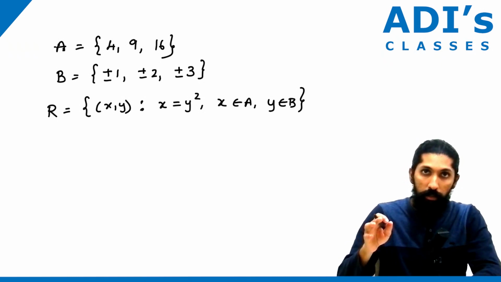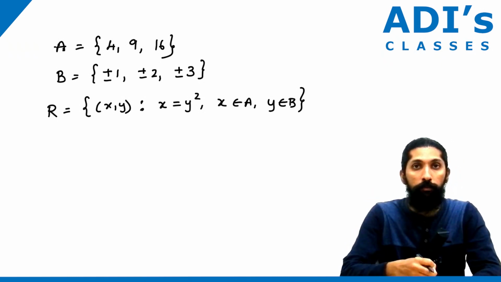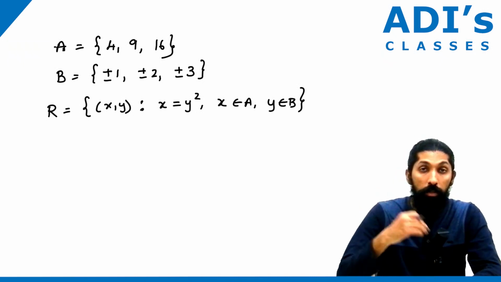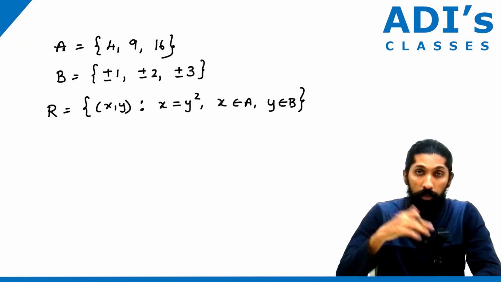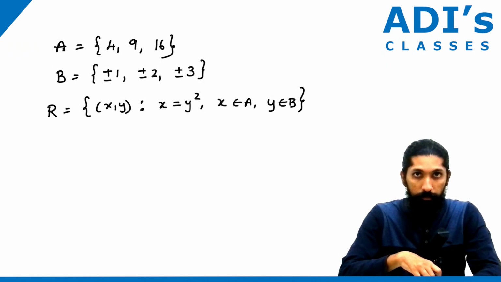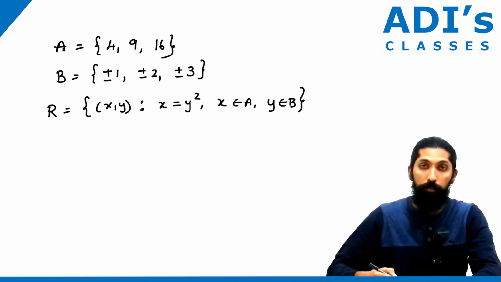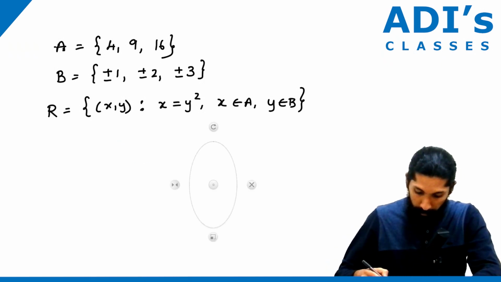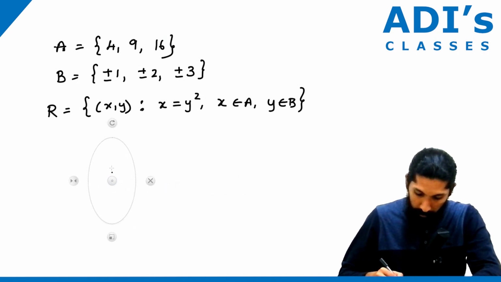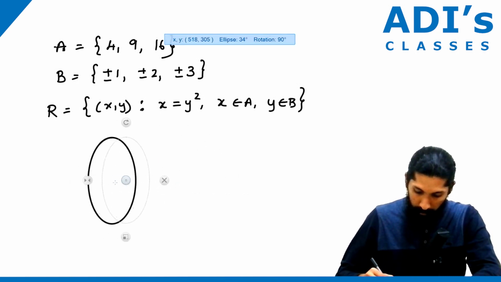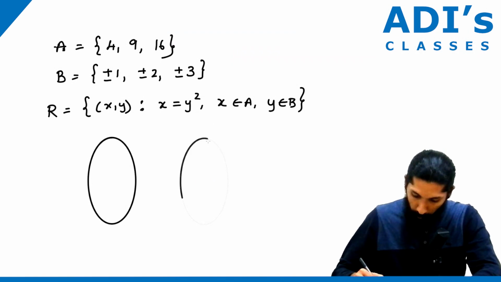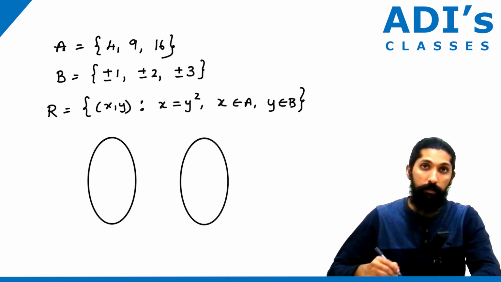Anyway, roster form is there, but most important of all the forms is the arrow representation, the visual representation of the relation between the two sets. Fair enough? Now, for that, what we do first is take one particular set here and one more set here. So, we'll take two sets.